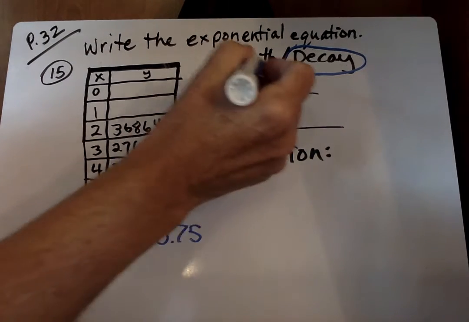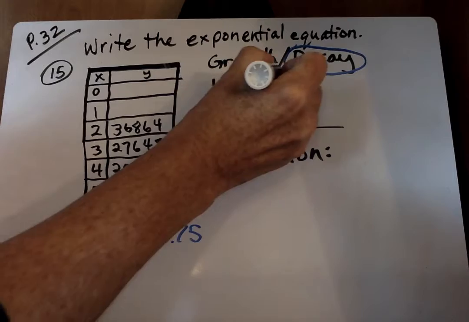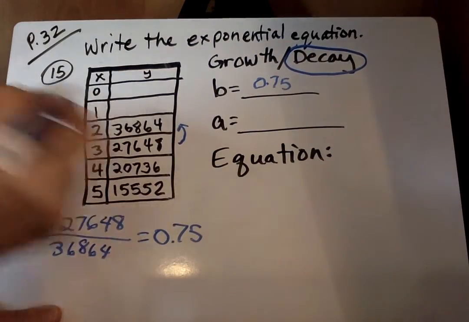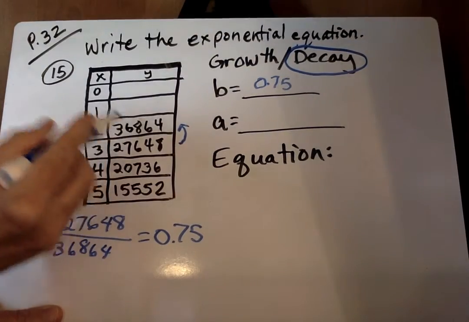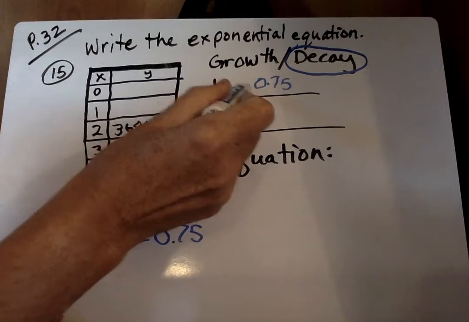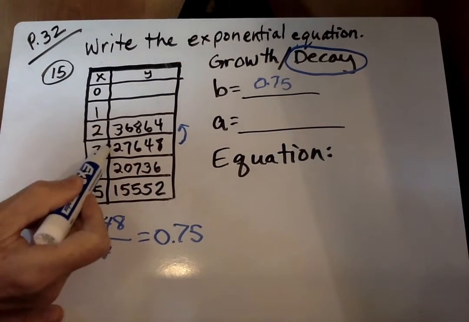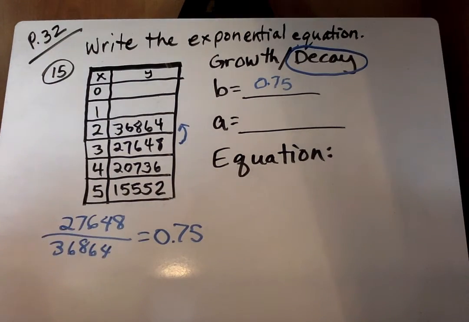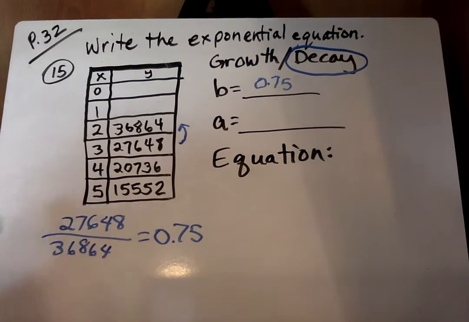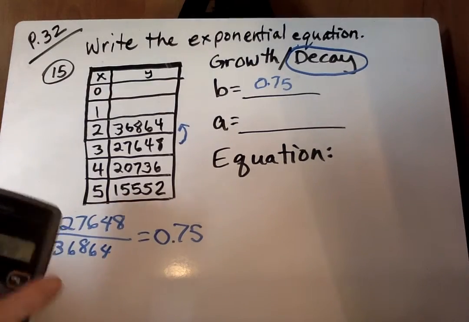So that will be our B. So now we know if we multiply this 36,864 by 0.75, we get that. And if we want to test it out, we put 0.75 times 36,864, and we get 27,648.